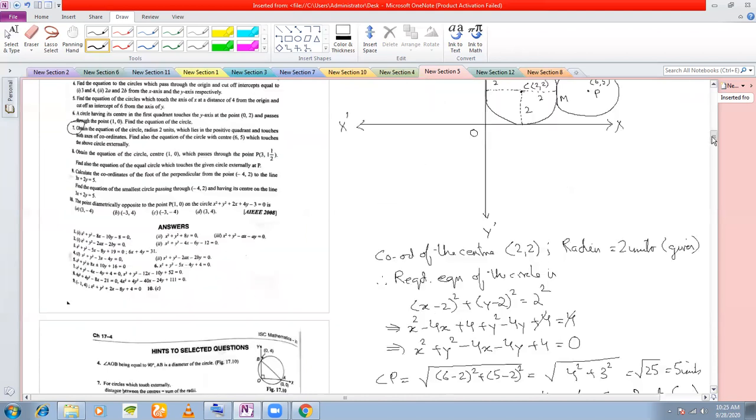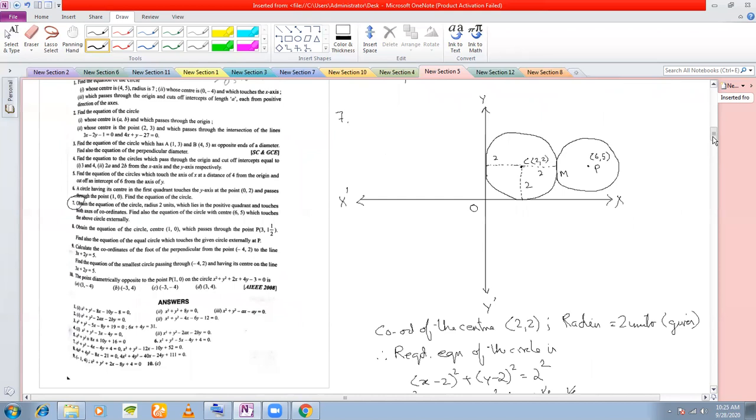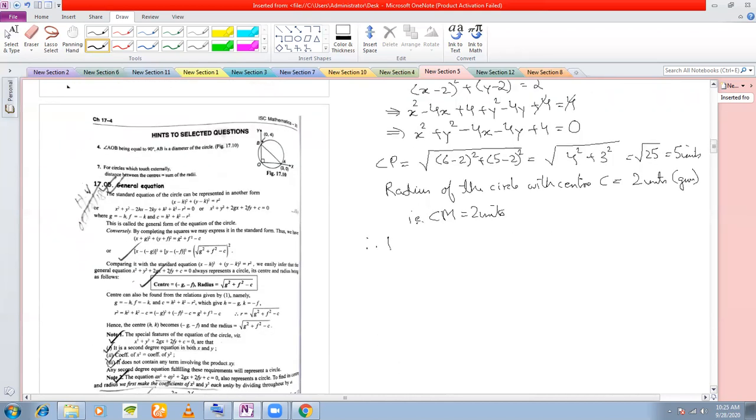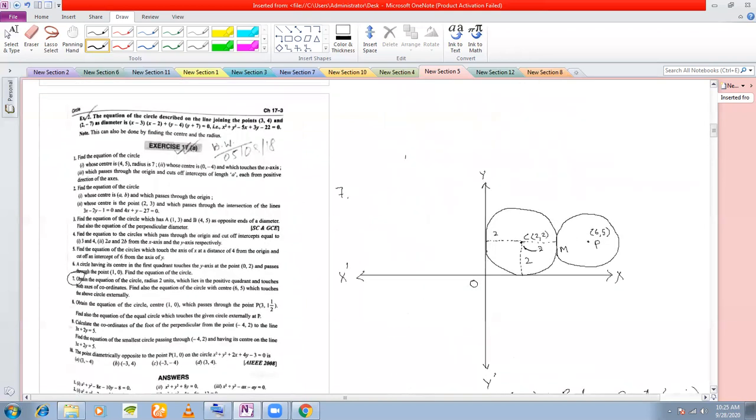Therefore, what is the radius PM? Radius of the other circle, the circle with center P. We have found the distance between C and P, which is 5 units, and we know this length CM. Therefore, the radius of the other circle should be CP minus CM.